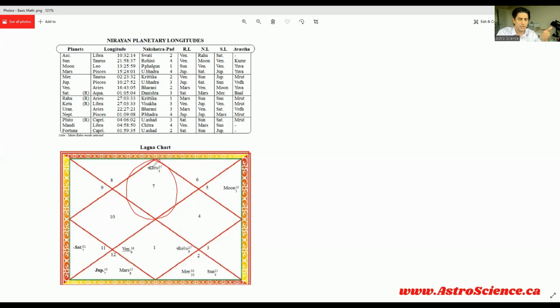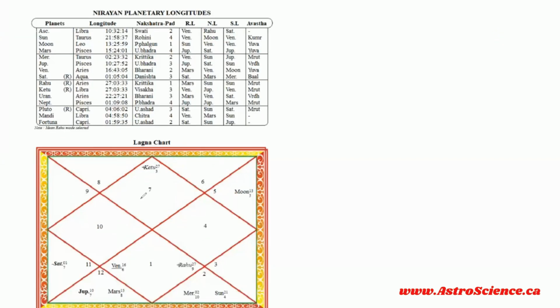That is also called the ascendant house, or lagna sthan in Hindi. Whichever zodiac sign is rising on the eastern horizon at the time of your birth will come right here in your birth chart. Everyone will have different zodiac signs. So it's the Libra ascendant right now.